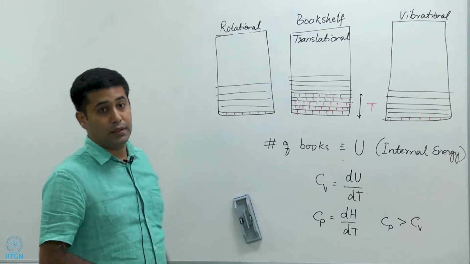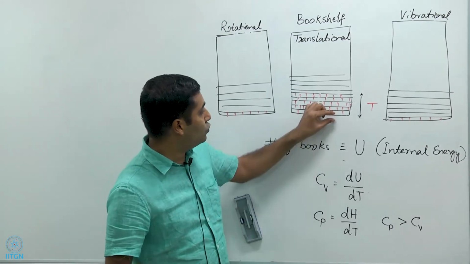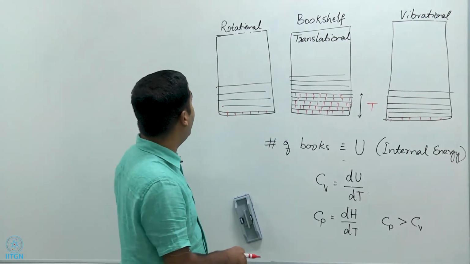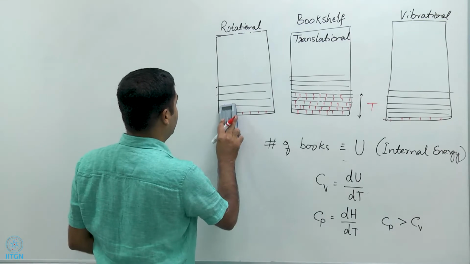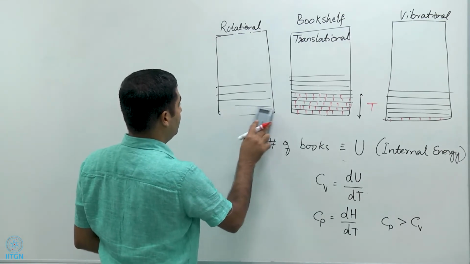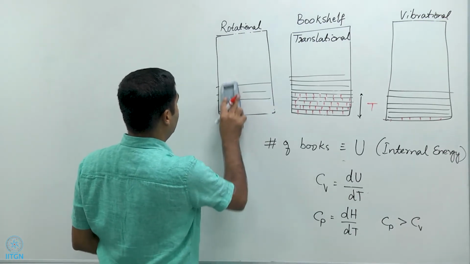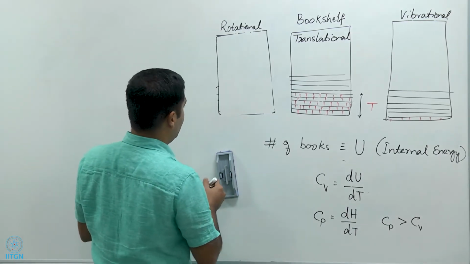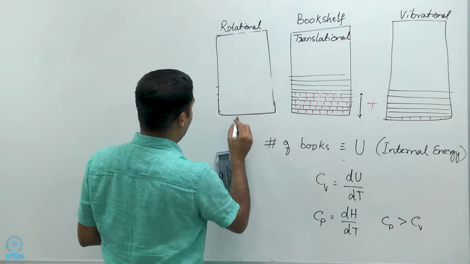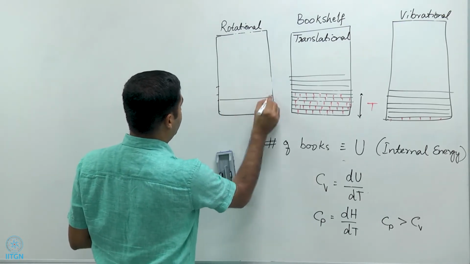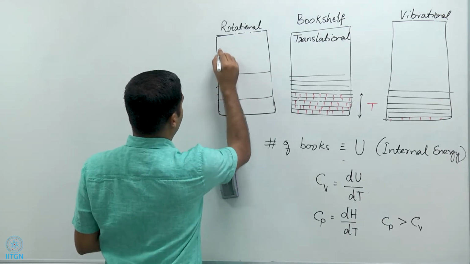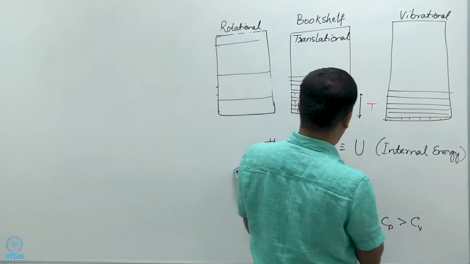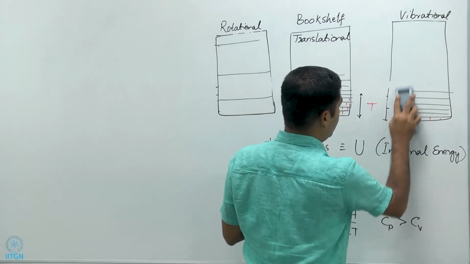Now, it so happens that the gap between the shelves is not the same in these three bookshelves. It so happens that the rotational bookshelf has energy levels that might look like this, right? And the vibrational might have energy levels that might look like this.